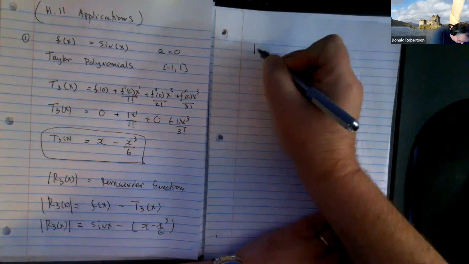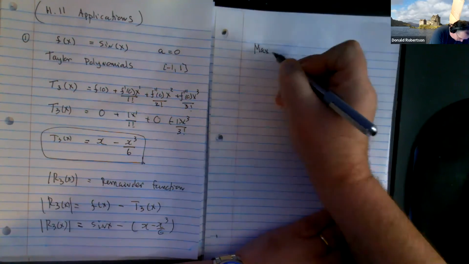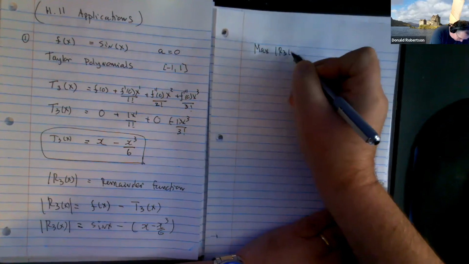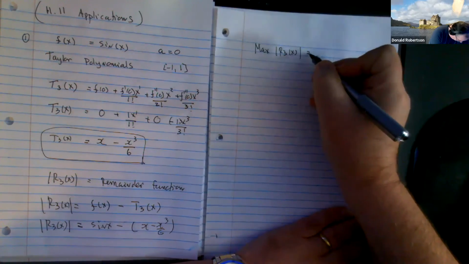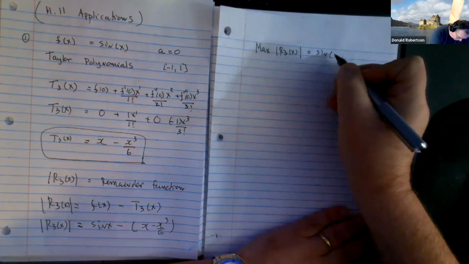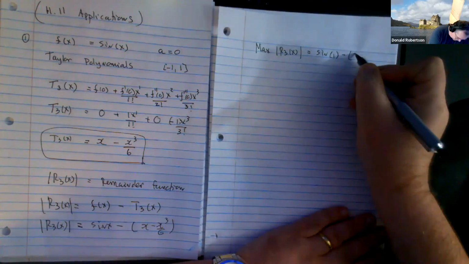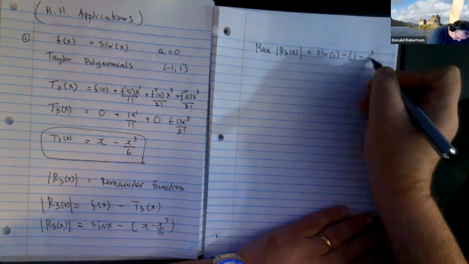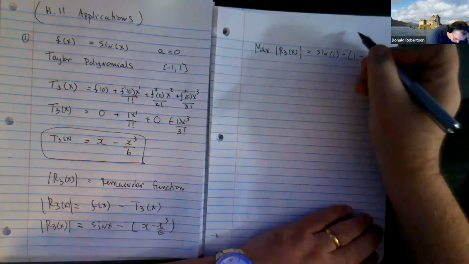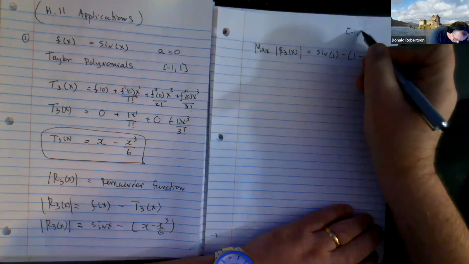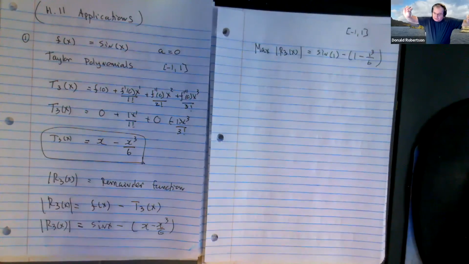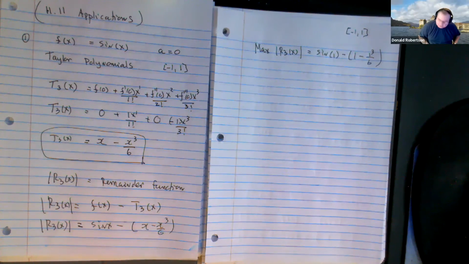So if I wanted to find the maximum value of the remainder function, I only need to find out what is going to happen at the extreme 1. Remember, we're doing the interval from -1 to 1. Didn't I show you in the picture? It was at x equals 1 that the drift happened. Right?